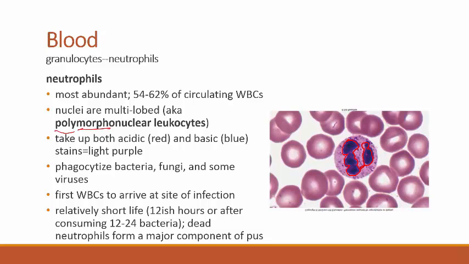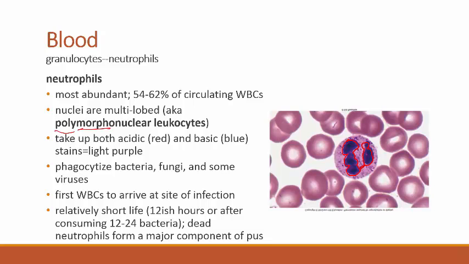Short-lived, because they're rapid consumers, but they only have enough stuff inside them to take out between 12 to 2 dozen bacteria. So once they have consumed their allotment, used up all of the enzymes that they've made to destroy the things that they consume, then they die, and they are the primary component of pus.